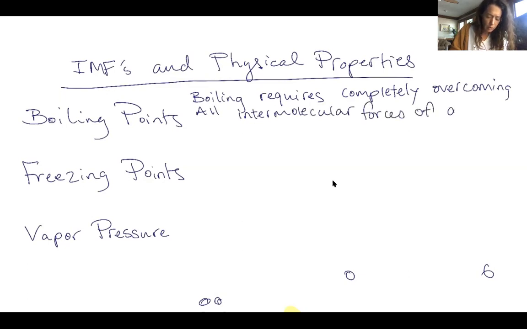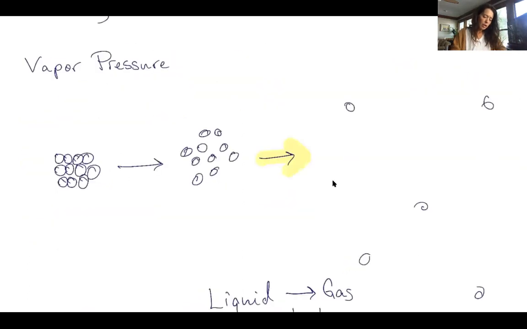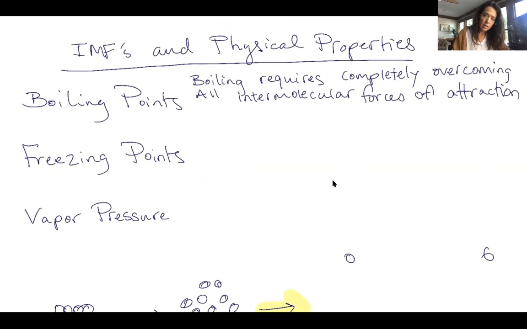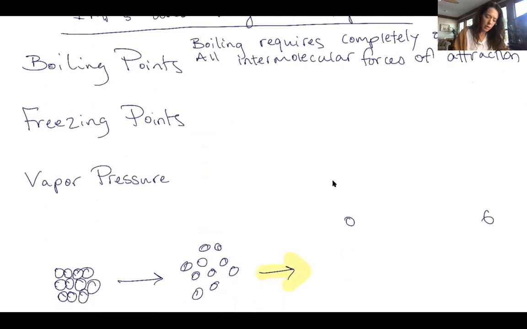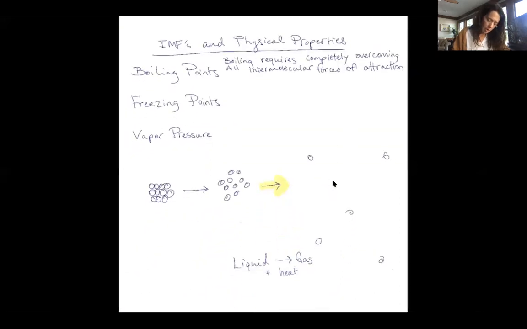In order to boil a liquid, you must take that liquid and overcome all the little attractive forces between all of these molecules. They're not bonds, they're forces, but you must overcome all of them in order to turn all of that liquid into a gas.